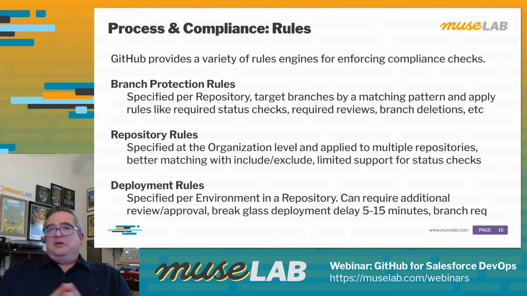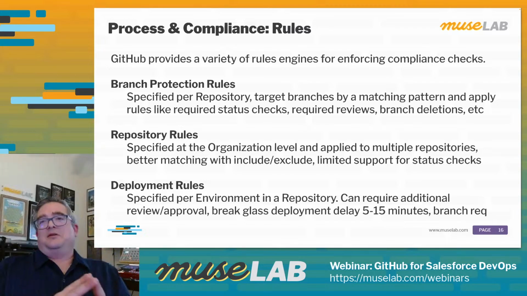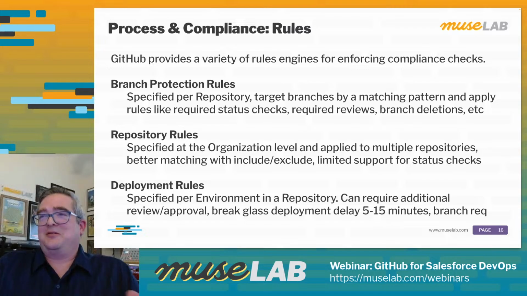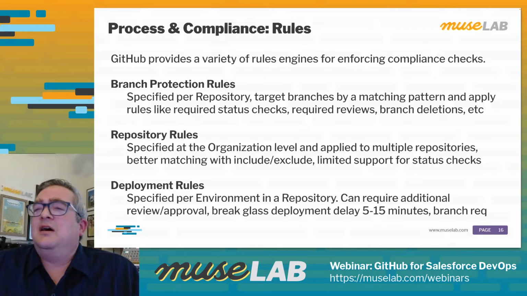So I mentioned the compliance checks, and there are three main sets of rules that make up the compliance capabilities of GitHub. The first is branch protection rules, which have been around for 5 or 6 years at least. These are specified per repository.